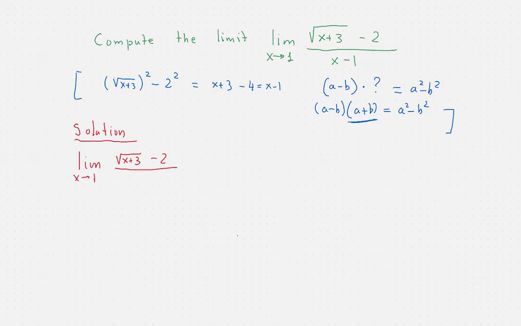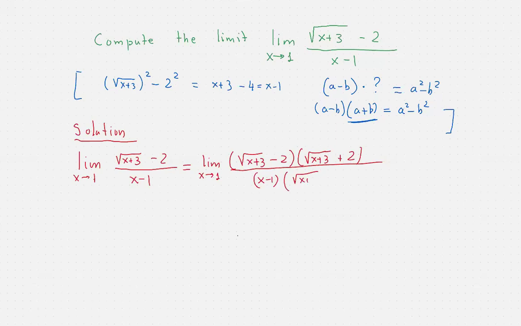So we multiply on the top and the bottom by the sum. And what we will get on the top, so think of this as our A, this as our B, so we have A minus B times A plus B. So according to this identity, we'll get the difference of the squares.